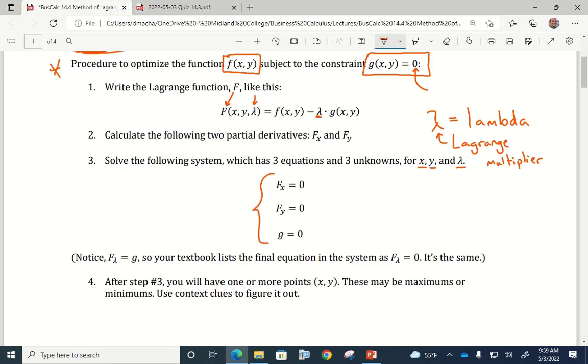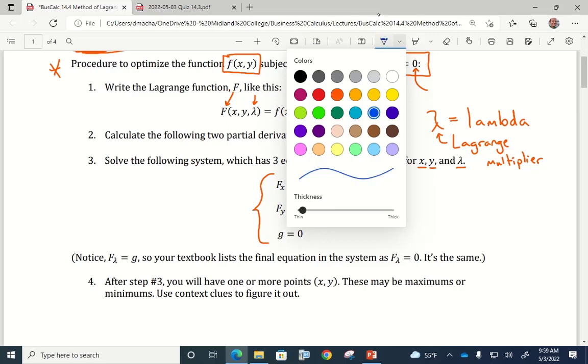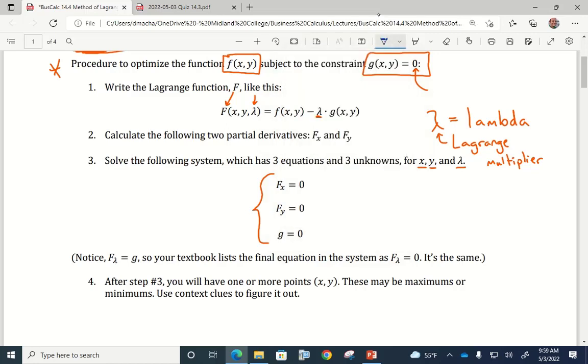Your textbook has the same system of equations written like this. In your textbook, they'll write partial with respect to x is 0, partial with respect to y is 0, and partial with respect to lambda is 0.